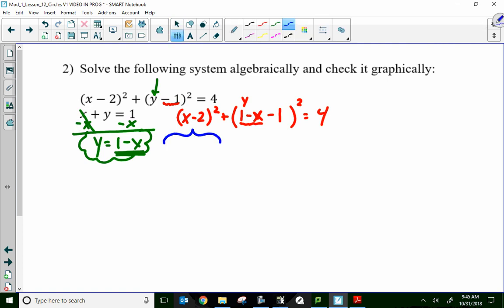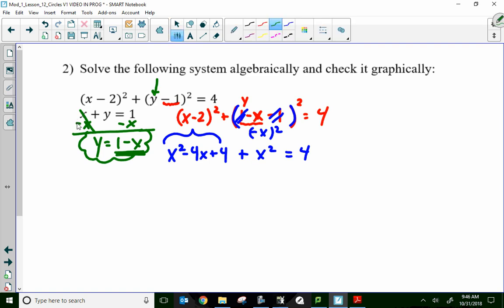And if I FOIL this, I get x squared minus 4x plus 4. All right? And before I FOIL the next parentheses, I should notice inside the parentheses, my positive 1 and my negative 1 cancel. So I end up with just negative x squared. If I take a negative x and square it, a negative x times a negative x, I get a positive x squared, and that equals 4.